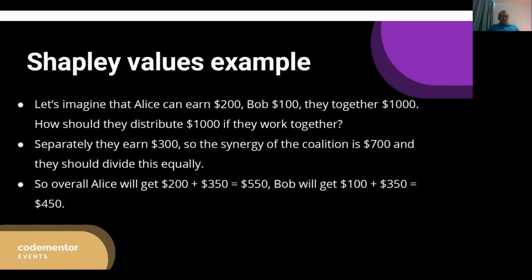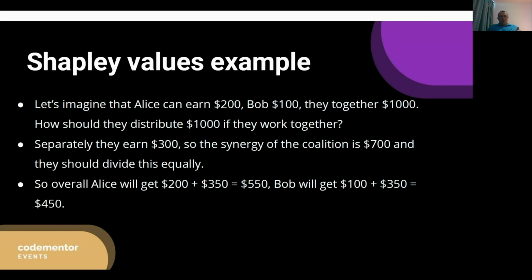From the Shapley perspective, separately they can earn $300, and the rest is the synergy of the coalition. It's 1,000 minus this 300, it's 700. In Shapley's work it's called the synergy of the coalition, and the synergy of the coalition we should divide equally between everybody.